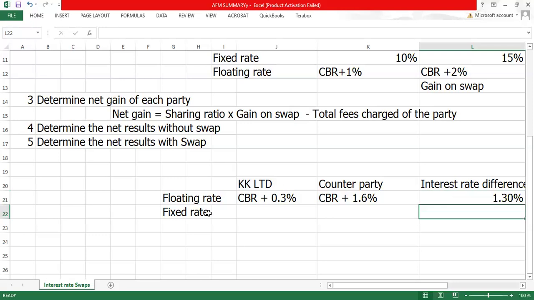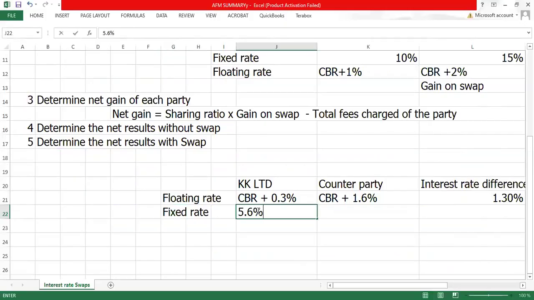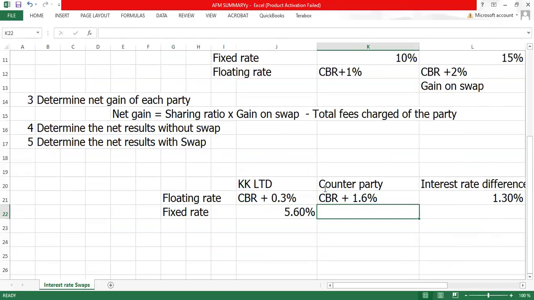Okay. Then next you look at the fixed rate. What is the fixed rate when it comes to the company hedging? They told us that XY Bank has quoted KK Limited a notional fixed rate of 5.6% for it to borrow. Then what is the fixed rate for the counterparty?